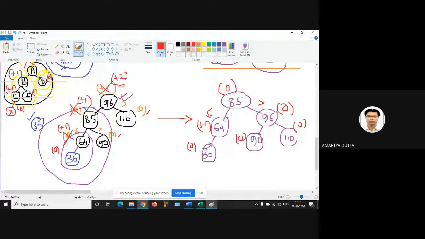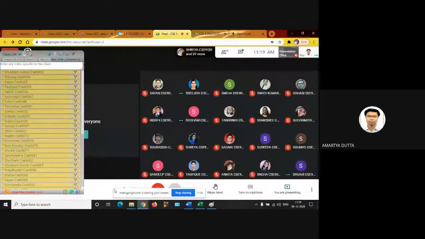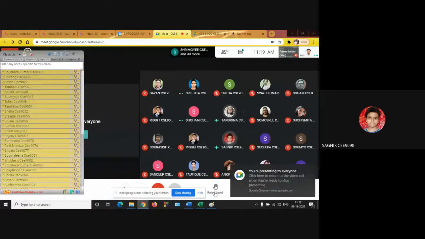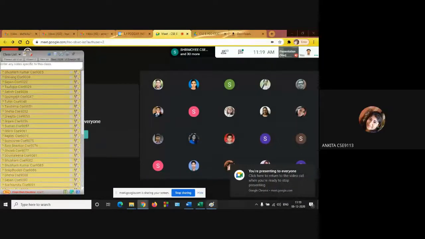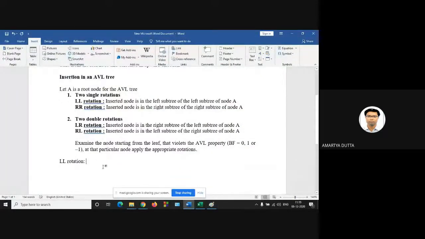Because the difference between the height of the left subtree minus the height of the right subtree is 0. So sorry, the 85 is 0. Is it clear? Any confusion? Okay. So this is your LL rotation.